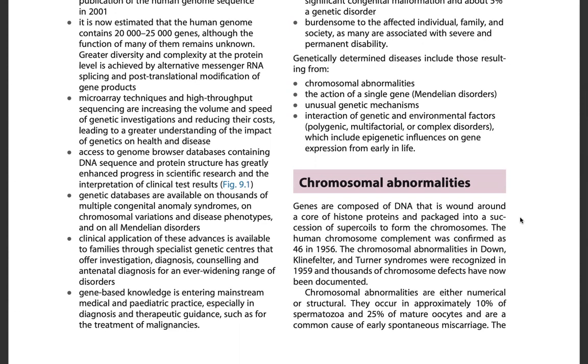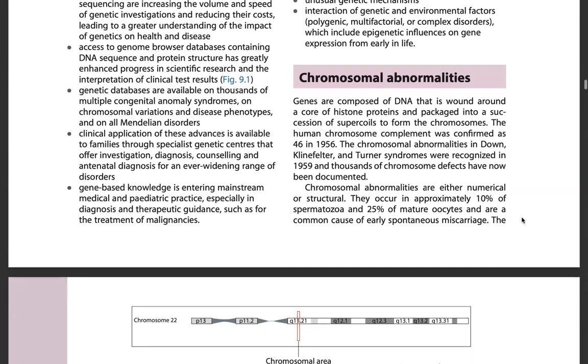The chromosomal abnormalities in Down, Klinefelter, and Turner syndromes were recognized in 1959, and thousands of chromosome defects have now been documented. Chromosomal abnormalities are either numerical or structural. They occur in approximately 1% of spermatozoa and 35% of mature oocytes and are a common cause of early spontaneous miscarriage.